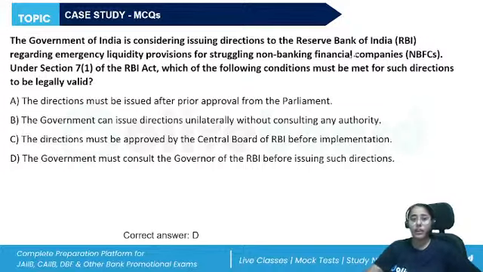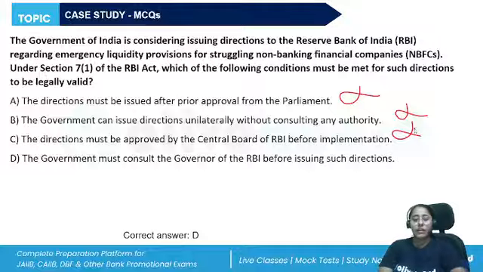They cannot issue it unilaterally, and not without the approval. All right? No, it will be D. Approval of the central board before implementation, that is not always true, but the government must consult the governor of RBI before issuing such directions.